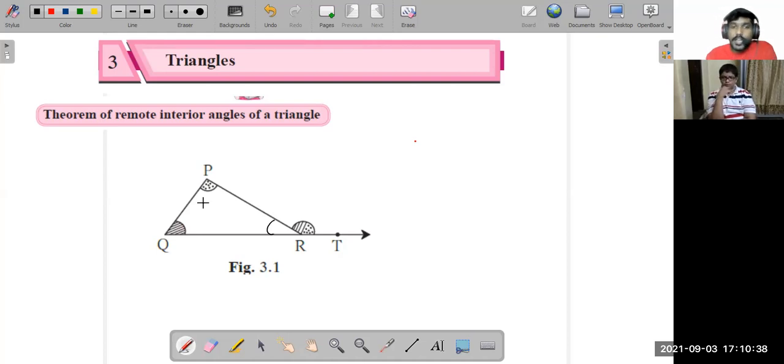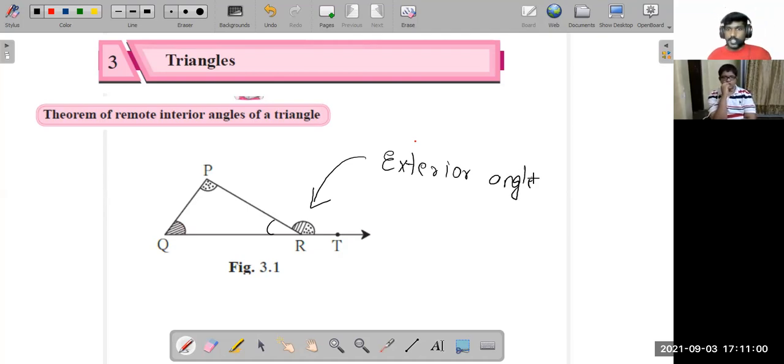Angle PRT is formed outside of the triangle. It is very much part of the triangle, only that it is outside. So this angle is called the exterior angle. Are the differences clear? Interior and exterior angle.